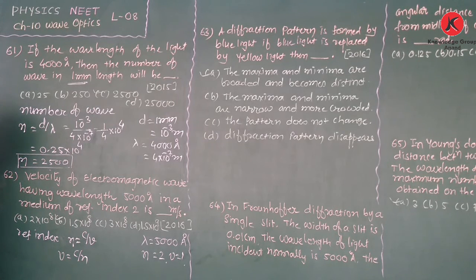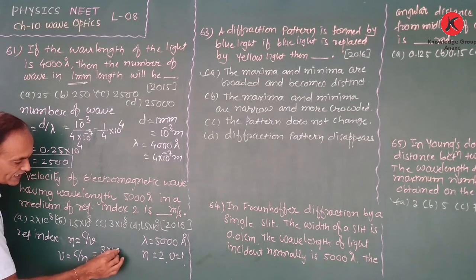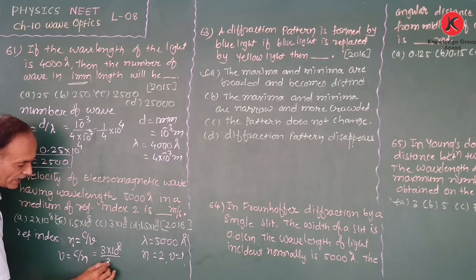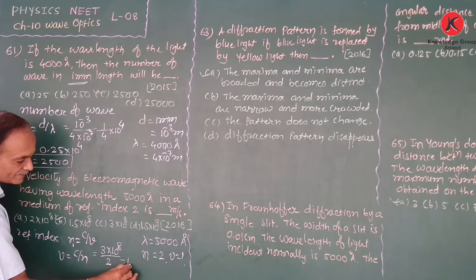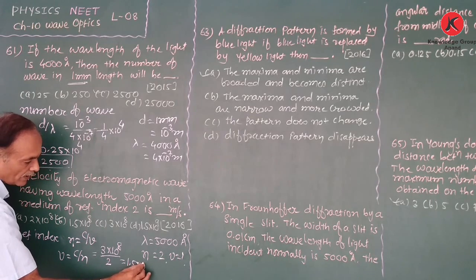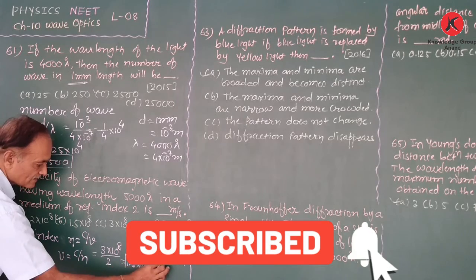C is the velocity of light in a vacuum, equal to 3 into 10 to the power 8, upon refractive index 2. Therefore, 3 by 2, that is 1.5 into 10 to the power 8 meter per second. That is our answer.